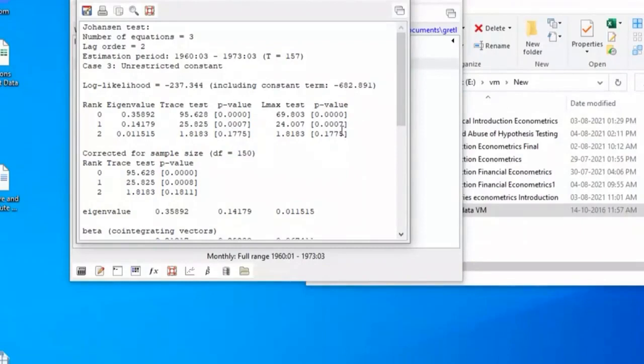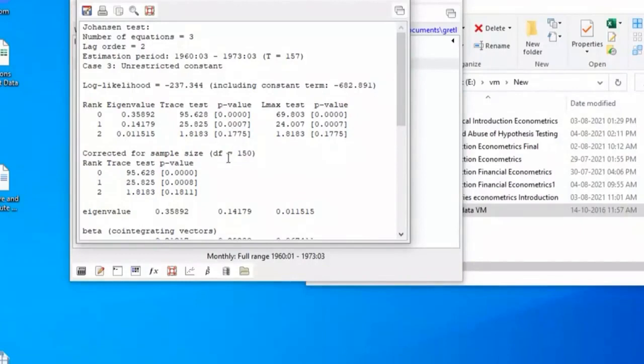So where we do not reject, there we stop. Suppose we do not reject the first row, so we stop there and say that there is no co-integration. That's all. What is the idea? Is it clear? Yes, sir. Yeah.